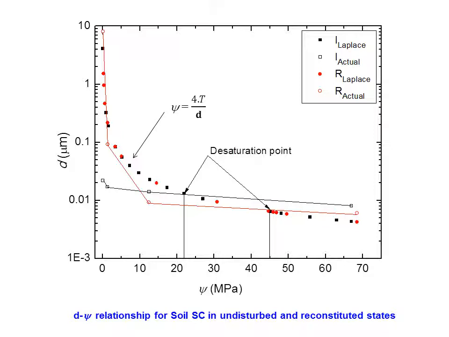For the reconstituted samples, desaturation appears to happen at about 45 megapascal suction, which corresponds to 0.007 micron pore diameter. This is quite close to the 0.012 micron pore diameter obtained from the inference of MIP results, which separates the saturated and unsaturated pores in the dried sample.